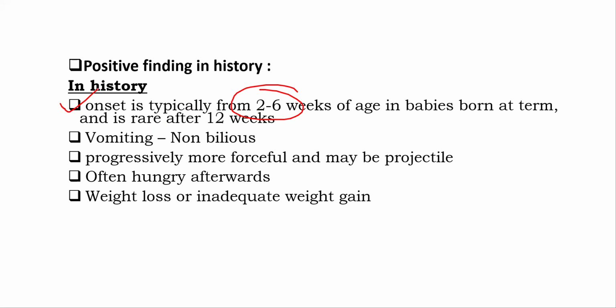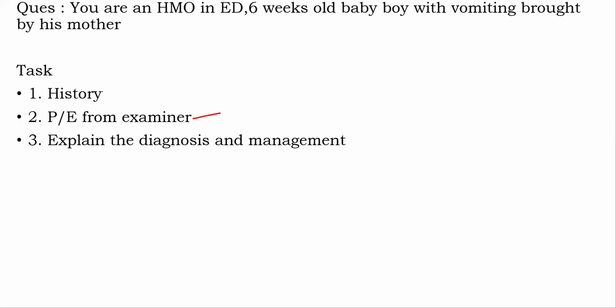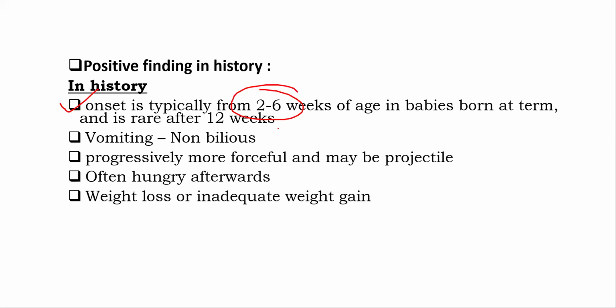A positive finding in the history is that the child started to vomit at around 6 weeks of age. This kind of vomiting will not be there since birth. So maybe for the last 3 to 4 weeks, the child has been vomiting.